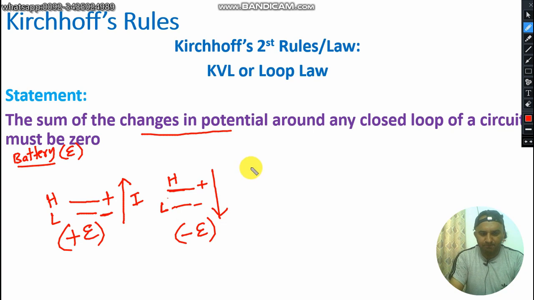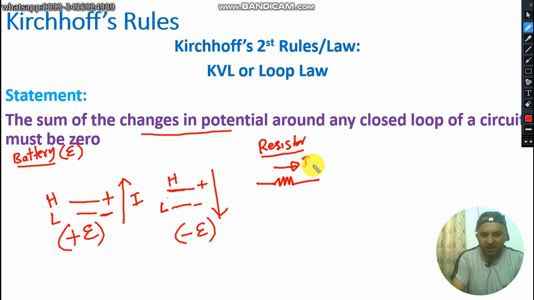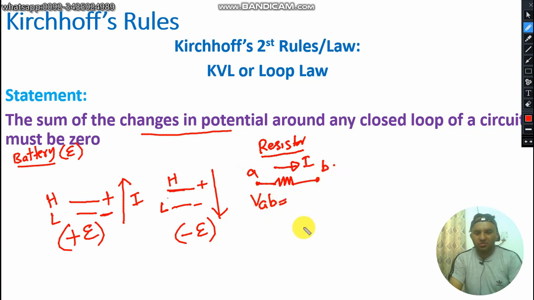Now, for example, if we have a resistor, and we are moving in the direction of current, from point A to point B, then the potential drop VAB is equal to negative current times the value of the resistor, minus IR.